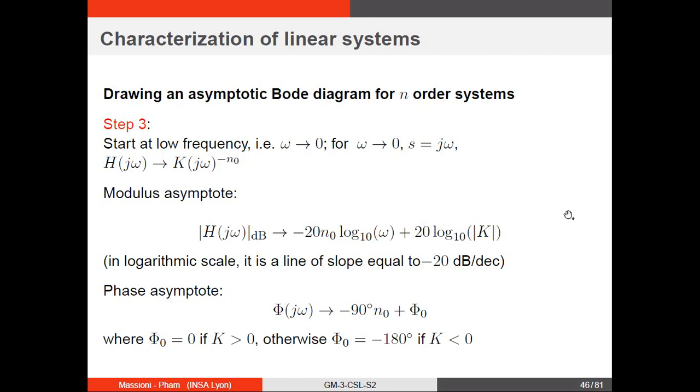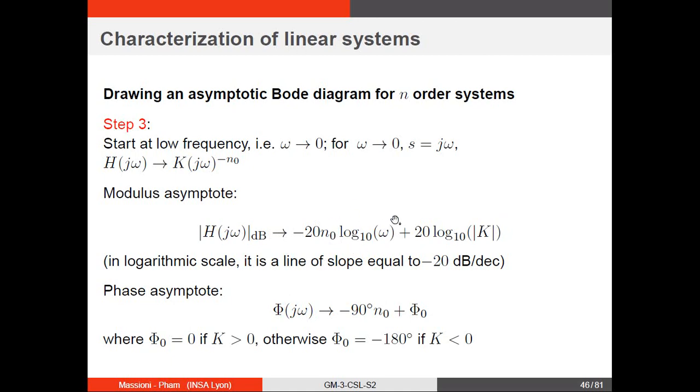So if n naught is 0, you have this one alone, which means that the asymptote is horizontal. Otherwise, you have an asymptote sloping down or up with a slope of minus 20 n naught.